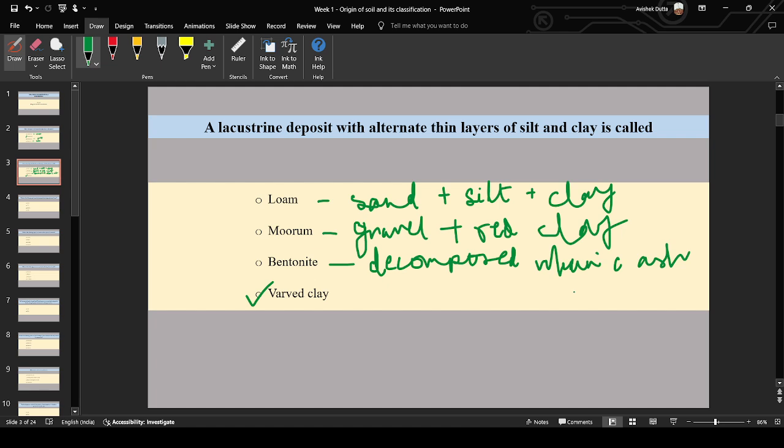So all the options, I guess, will be clear now. Loam is a mixture of sand, silt, and clay. Murram, gravel plus red clay. Bentonite, decomposed volcanic ash. And the answer to this question, a lacustrine deposit with alternate thin layers of silt and clay, is called varved clay. I hope it's clear. Go to the next question.